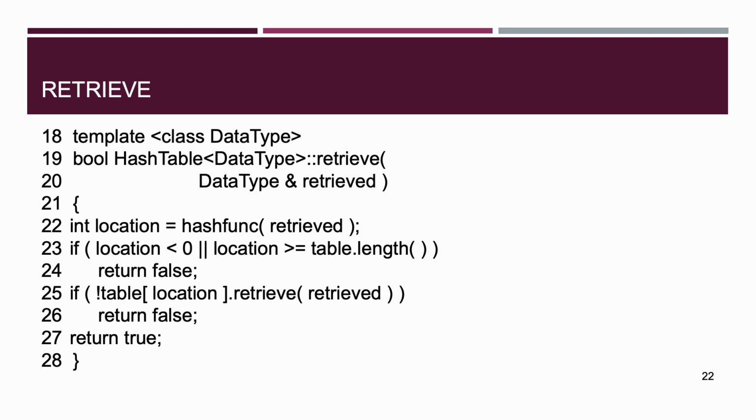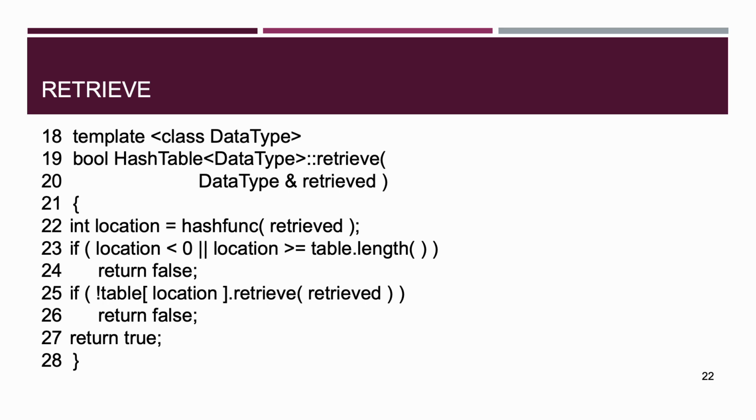Then, assuming the location is valid, we attempt to retrieve the object from the linked list at table location. The retrieve function of the linked list class is called here to find the retrieved object. If the retrieve operation fails, we return false.